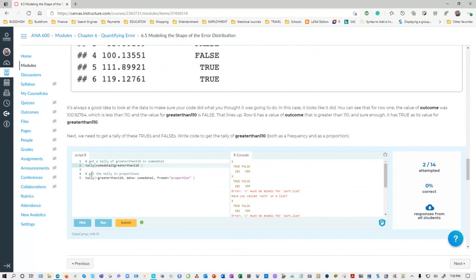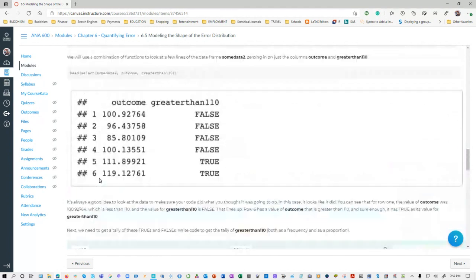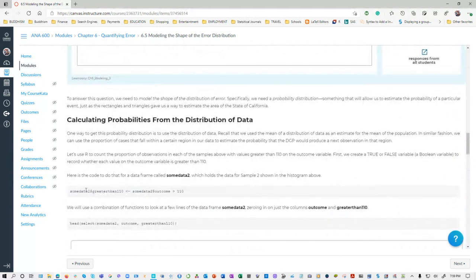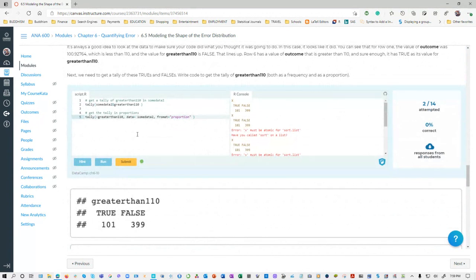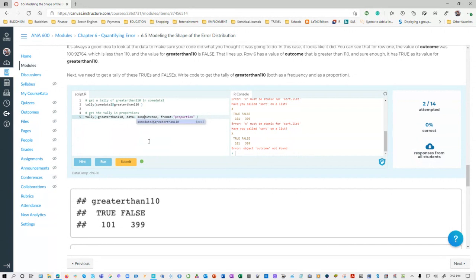See, the proportion, some data 2, is the variable. There's a new variable. See, greater than 2 in some data set. No. That's not working. No. Some data 2.